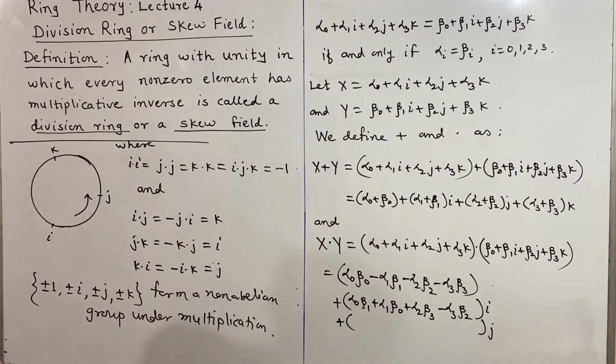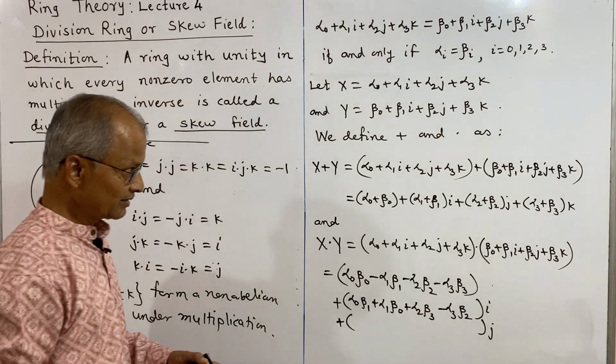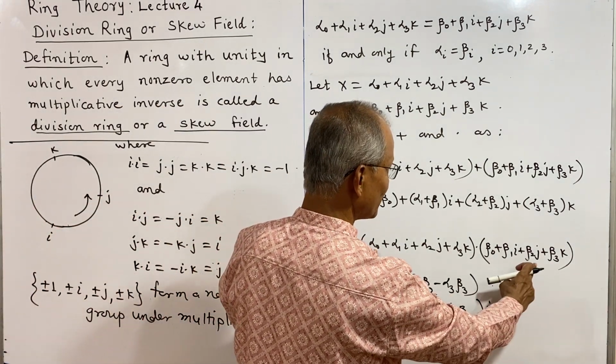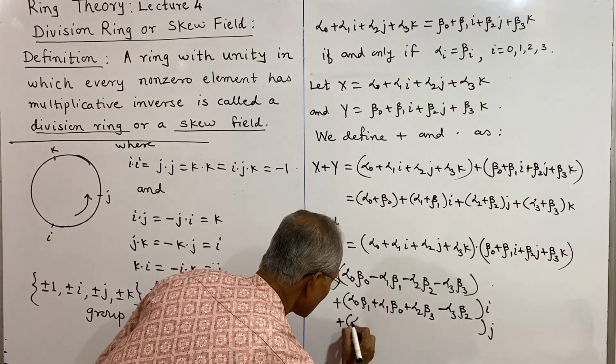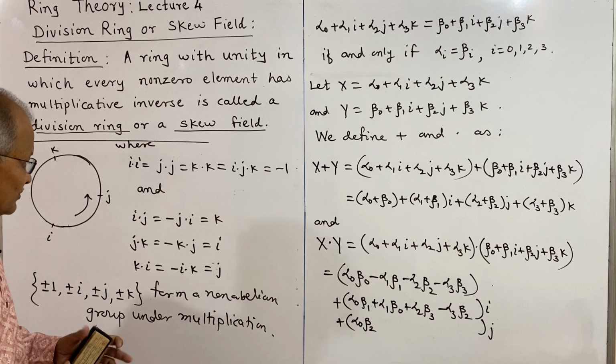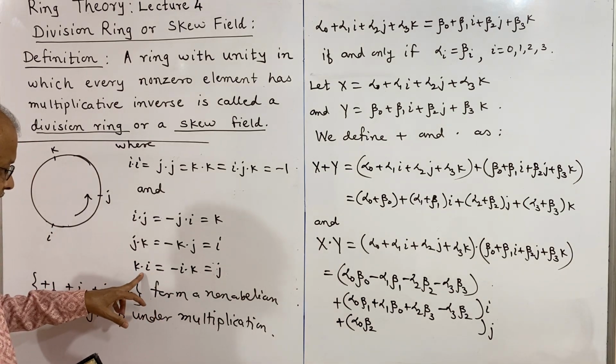So what about the j component? We can see, this is alpha naught beta 2, alpha naught beta 2 j, and now the j components are obtained by k into i.